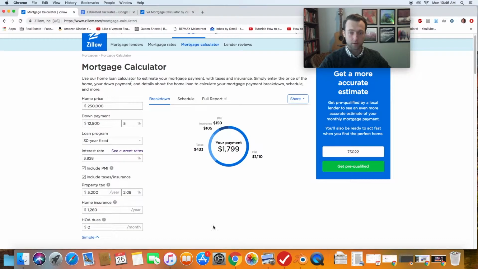All right. Back to the mortgage calculator. That's the biggest, most crucial part. I'll go over the rest of this briefly for you. Home insurance, that's a pretty decent amount to start with. That's going to go up or down depending on how big the house is, how new the house is. If it's older or bigger, your home insurance is going to be more expensive.